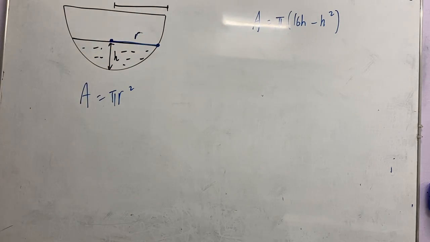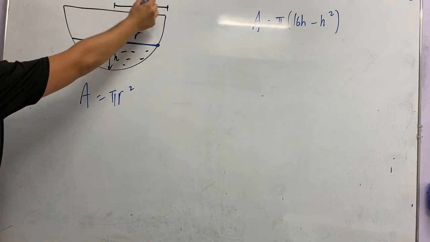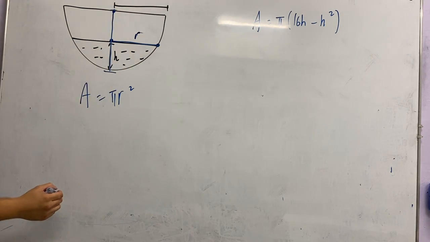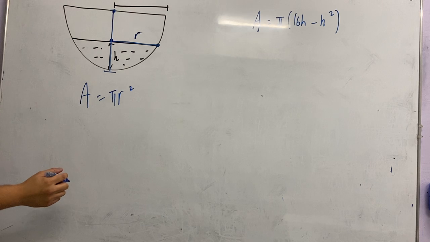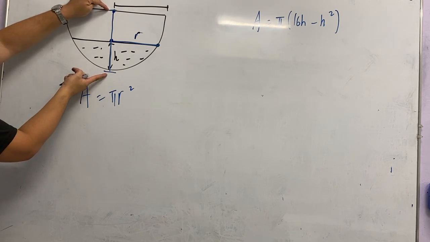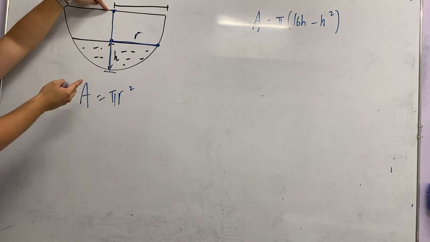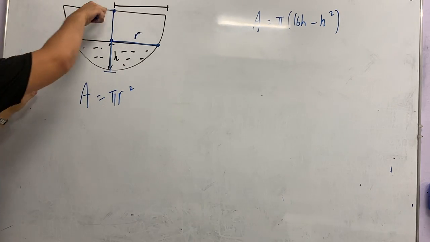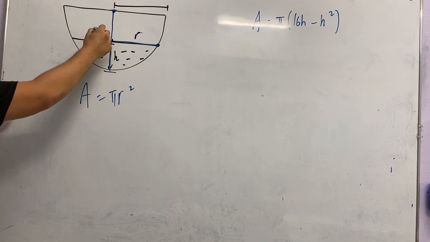Alright, now over here. Let me ask you, you know that this is 8? What's this? Yeah, 8. Yes, 8. Nampak? Yes. Sebab dia ball, dia sphere. This is 8 lah. Betul lah? So this is 8.